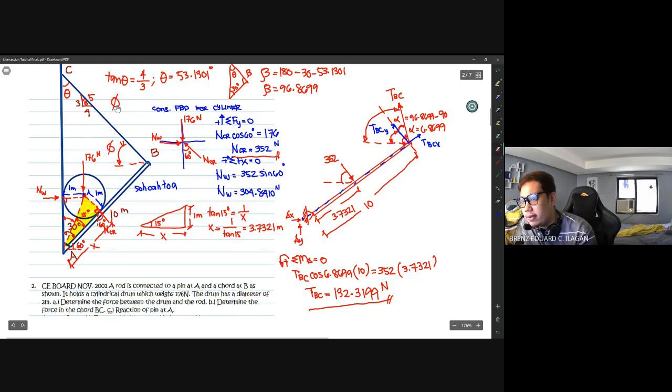Para ma-compute si phi, that is equals lang sa 90 minus theta. Or para hindi malito, kapag in-extend mo kasi yan, ito kasi magper-perpendicular doon. Tanggalin ko lang to ha, baka kasi malito dito. Para makuha yung phi na yan, that is 180 minus 90 minus theta.